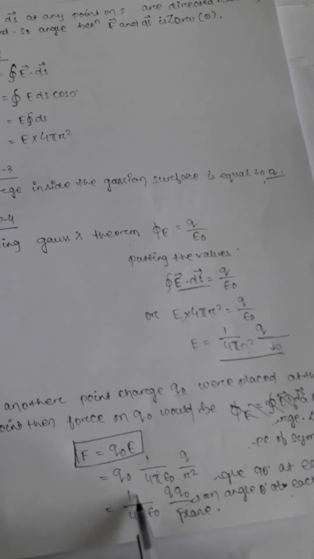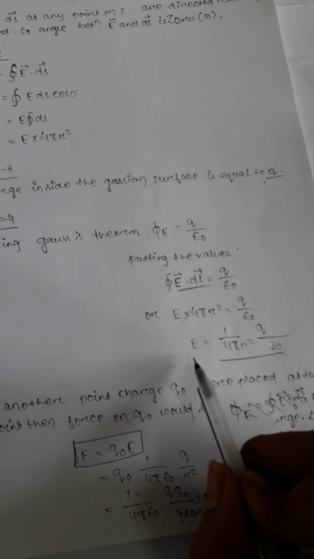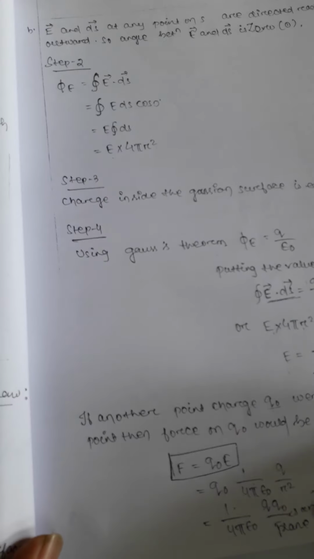That will be 1 by 4 pi epsilon r, q Q0 divided by r square. This is Coulomb's force. So this is the proof of Coulomb's law from Gauss law, and basically in Gauss law we find the electric field in 4 steps.